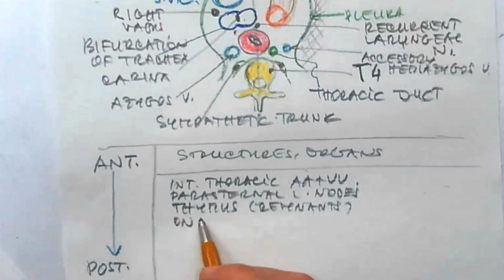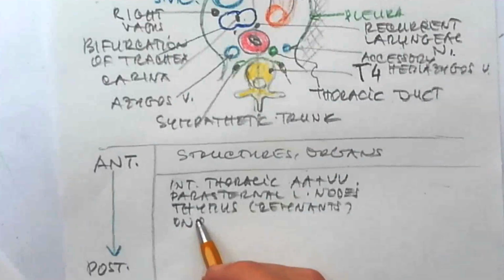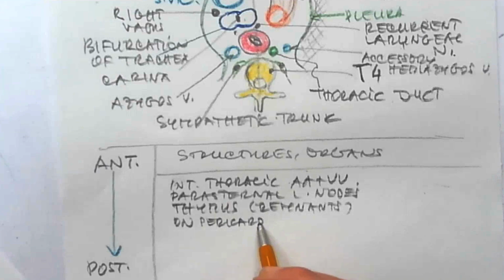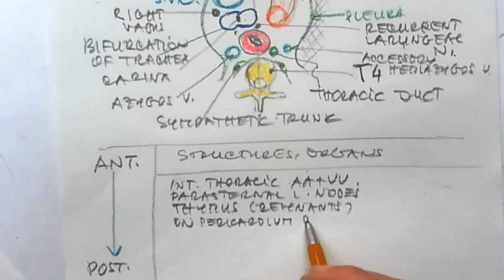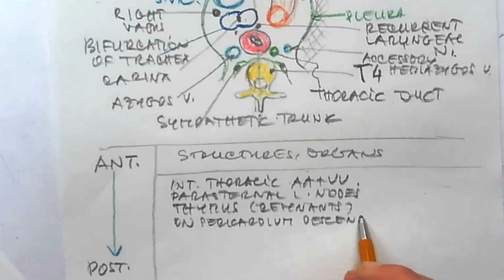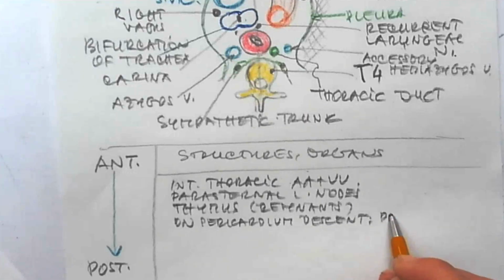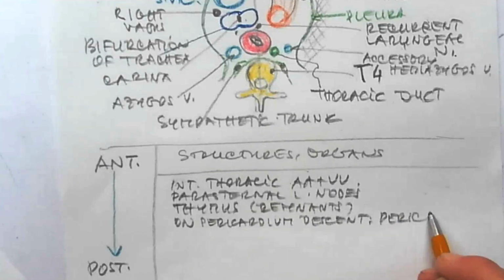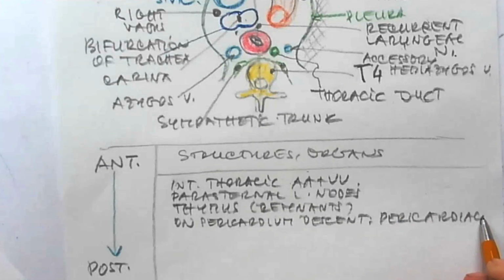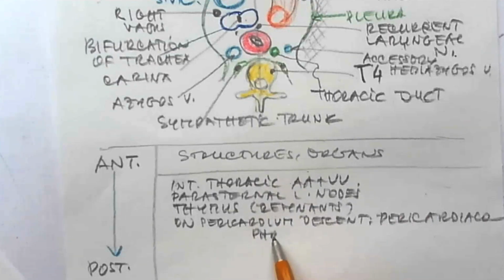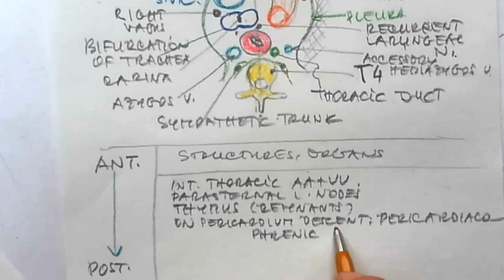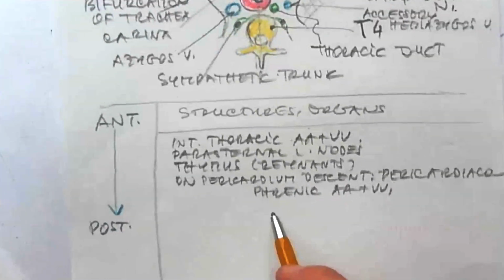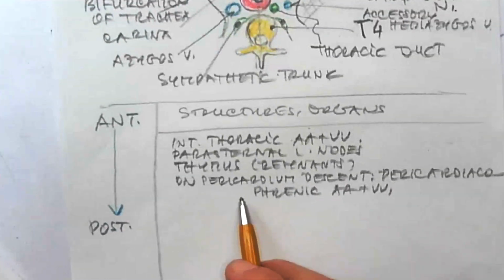So I would say on the pericardium descend the pericardiacophrenic arteries plus veins, because they are branches of the internal thoracic, correct? They descend together with the phrenic nerve.